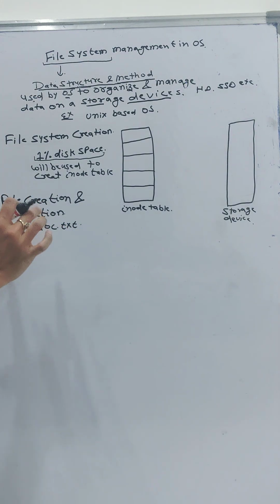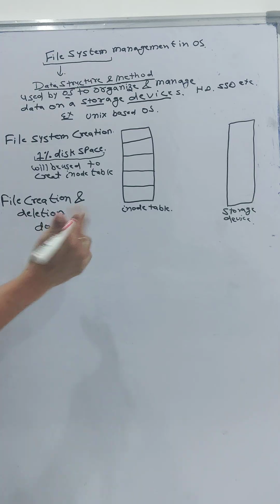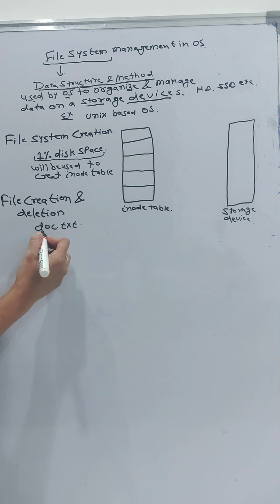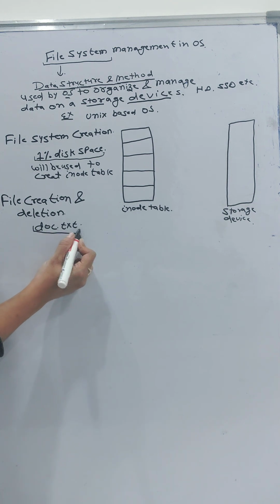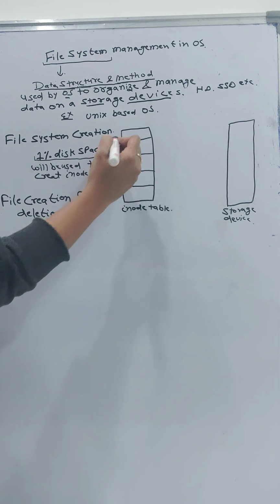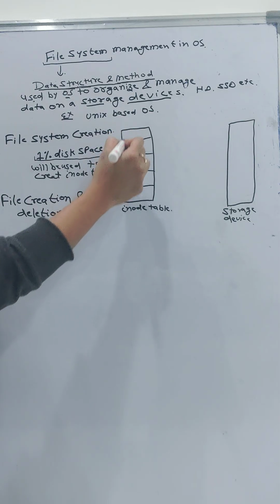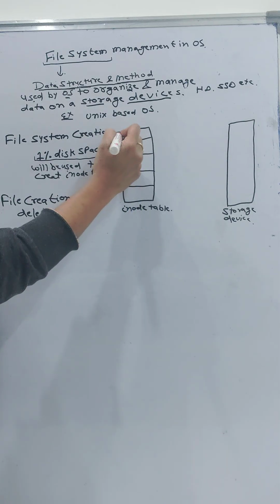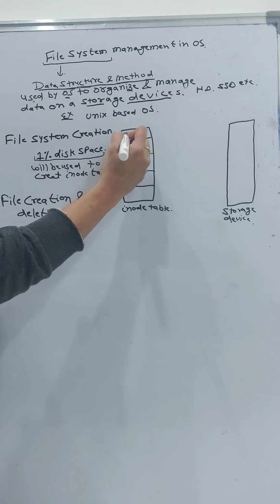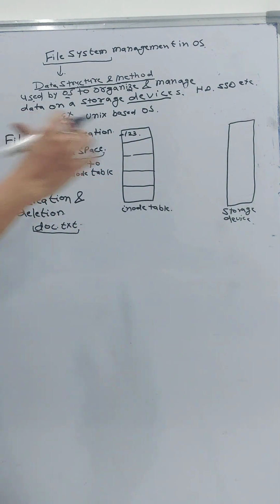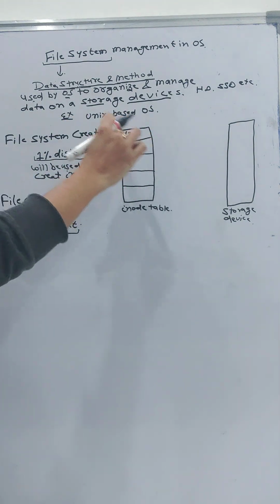The moment user clicks on save as, the operating system will receive a request. So what will the operating system do? It will find an available inode from this inode table. Suppose this inode is free. This inode will contain a unique inode number. Suppose 123 is the unique identifier of this inode.